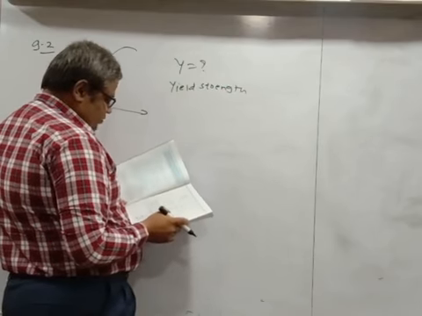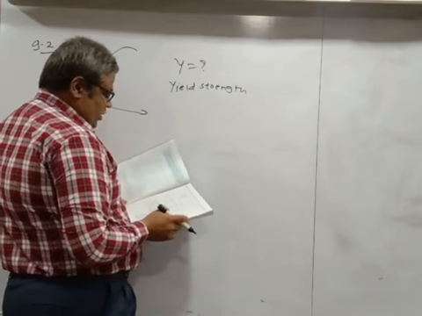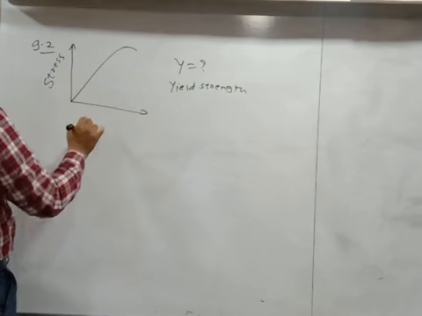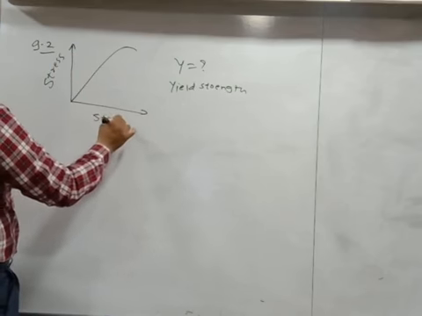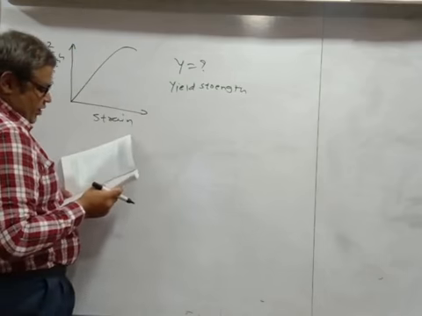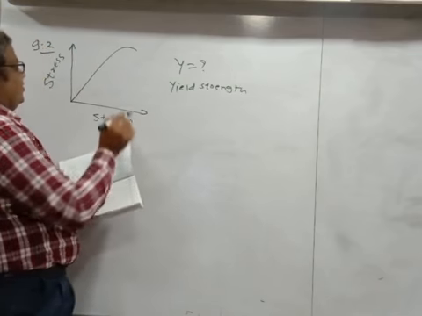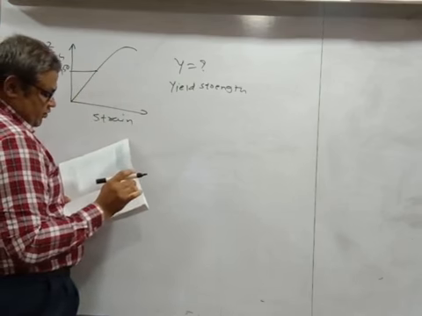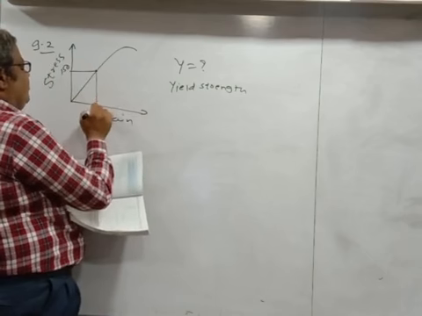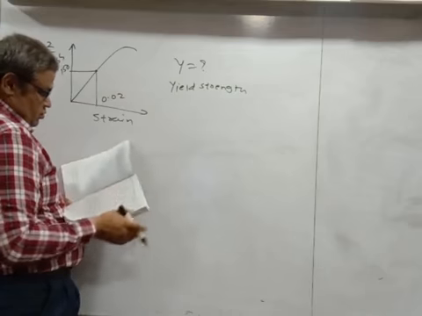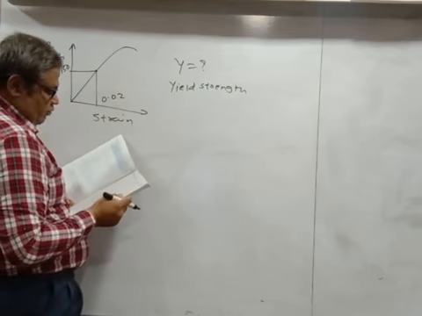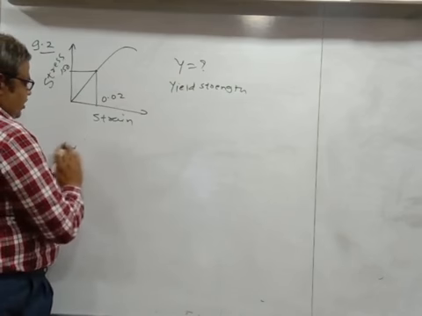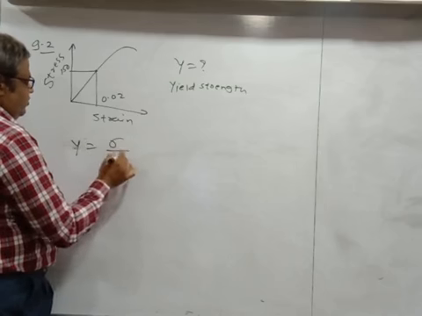Okay. So here we can say this is going to be your stress and this is going to be your strain. You pick up any point. That means here I will take this point which shows us 150 stress and this will be equal to 0.02 strain. Okay. So we can say Young modulus is equal to sigma upon epsilon.